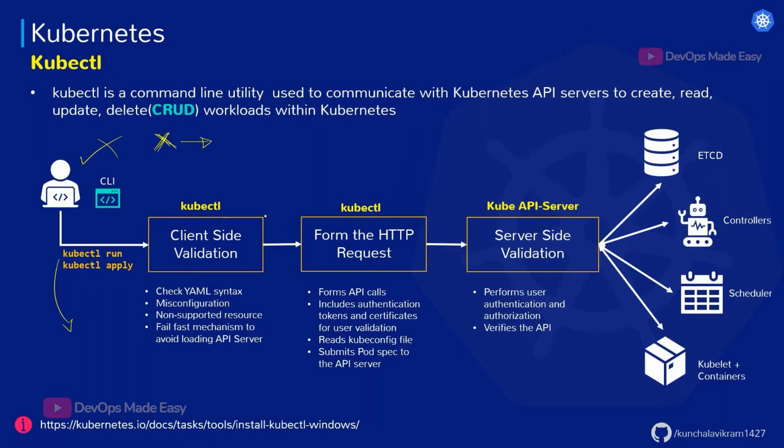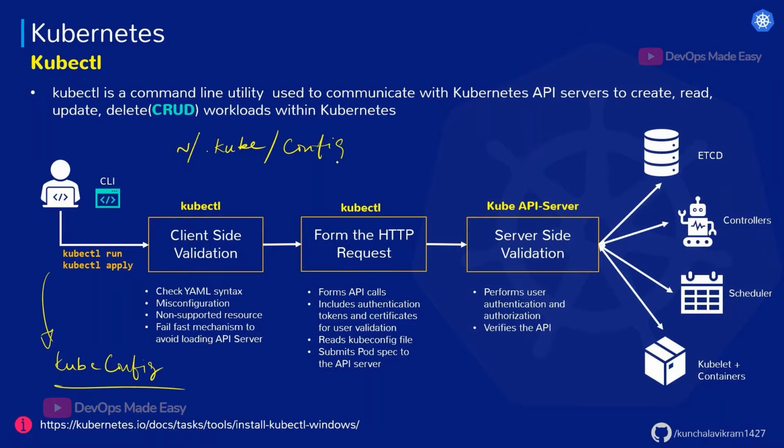So what happens in the next stage is that kubectl will read the kubeconfig file. We call it kubeconfig, but there is no specific name for it. This file will exist under your home directory, under the .kube folder, and there will be a file called config. This we call the kubeconfig. kubectl will read this file, fetch the authentication information, and then add it to that particular API call.